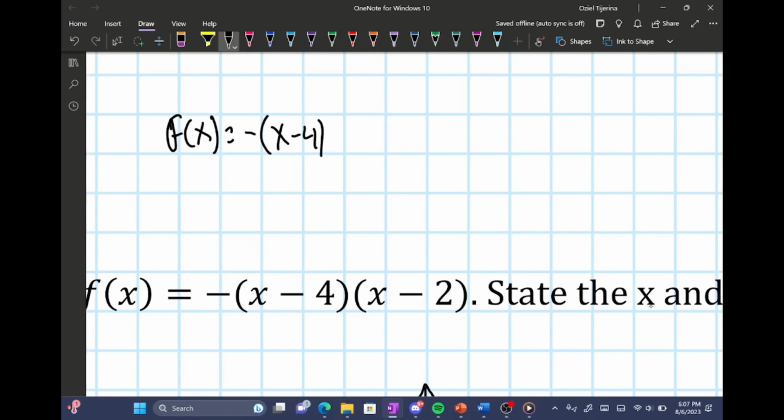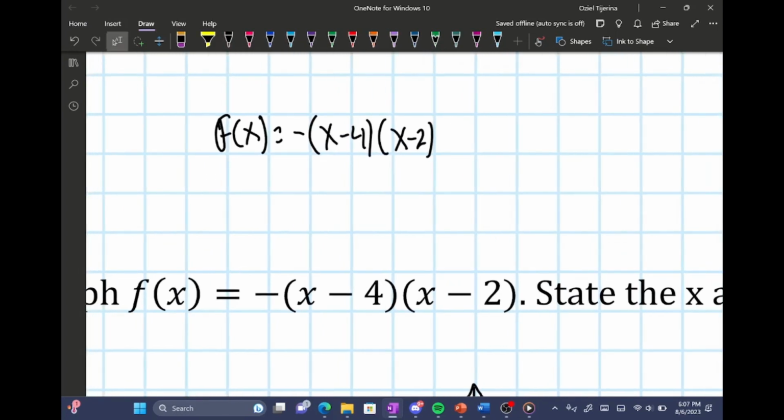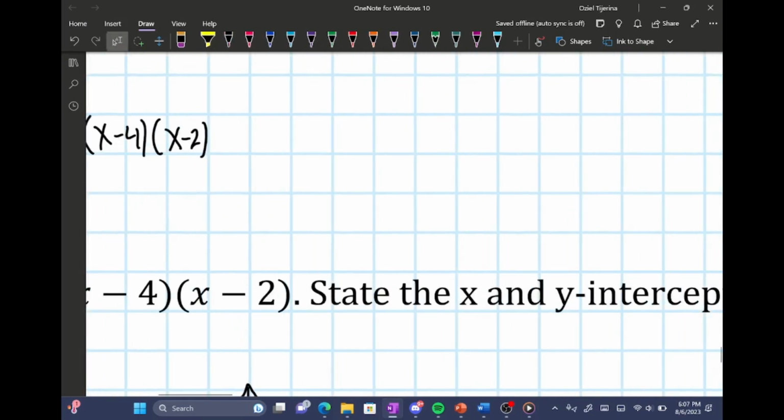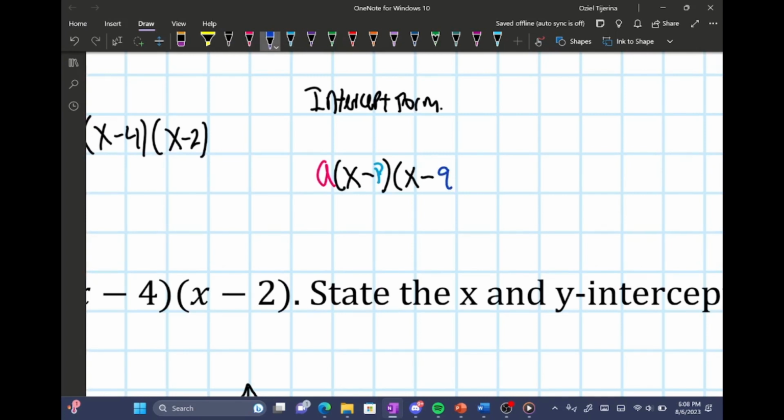Here we know that the intercept form is a times the quantity x minus p times x minus q, where p and q are our intercepts, right?